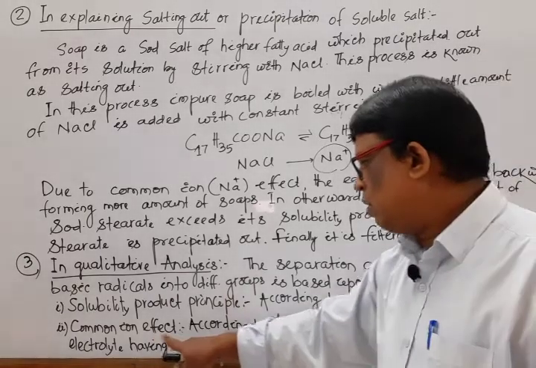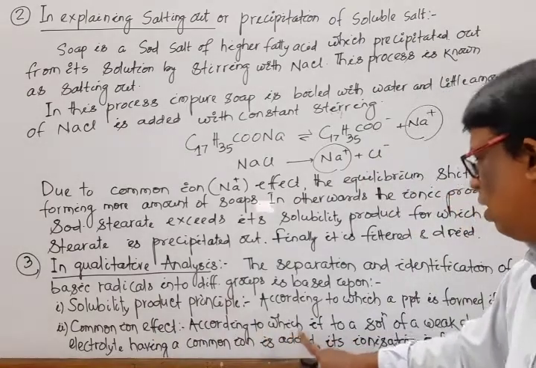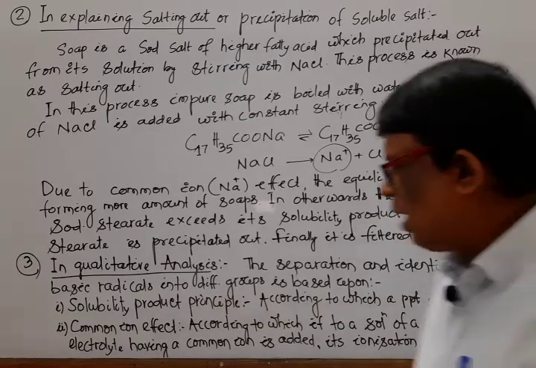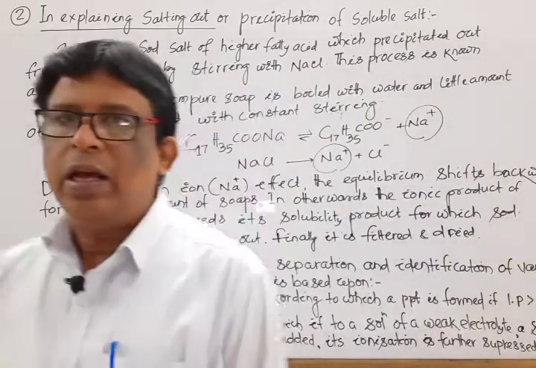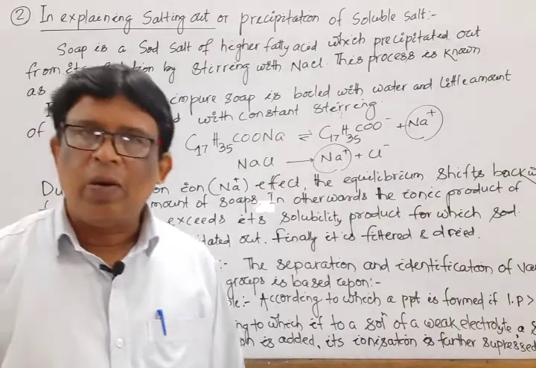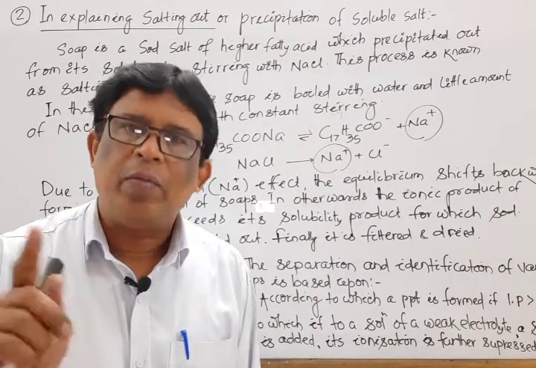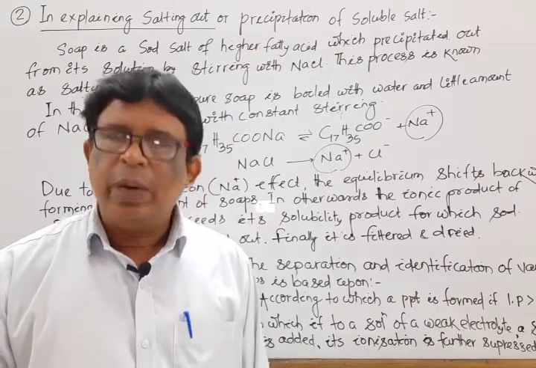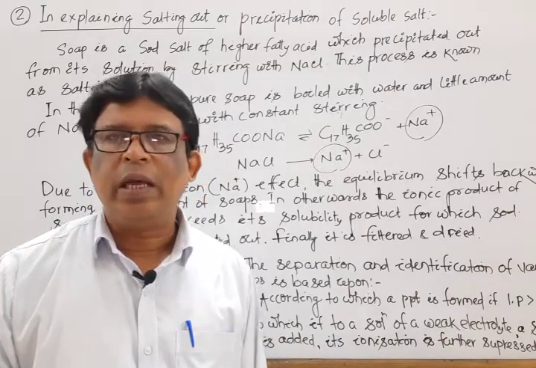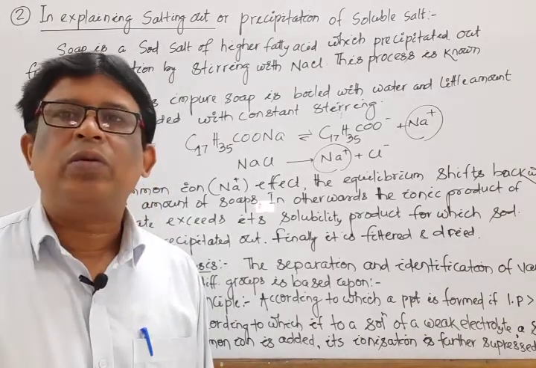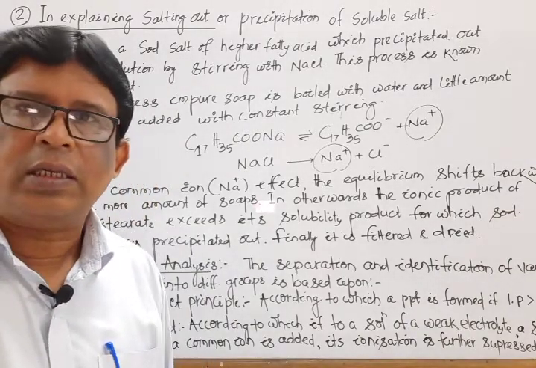And what is the common ion effect? According to it, if a strong electrolyte having a common ion is added to a solution of a weak electrolyte, then the ionization of the weak electrolyte is further suppressed. Based upon these principles, this is applicable to qualitative salt analysis.